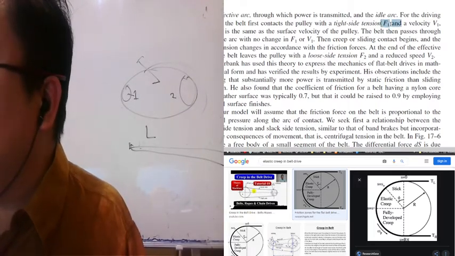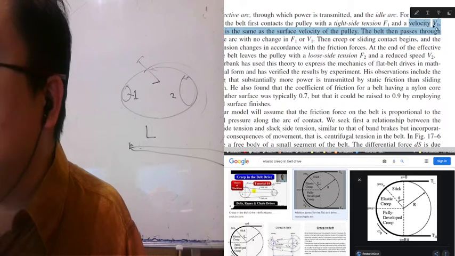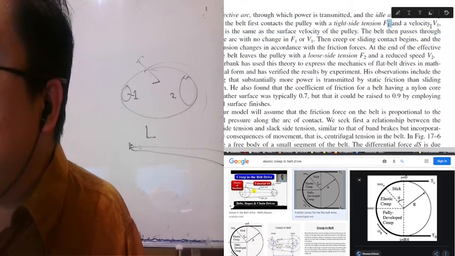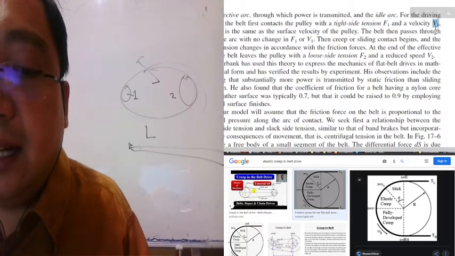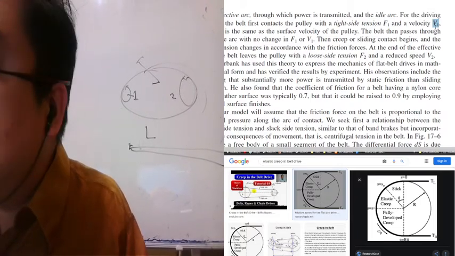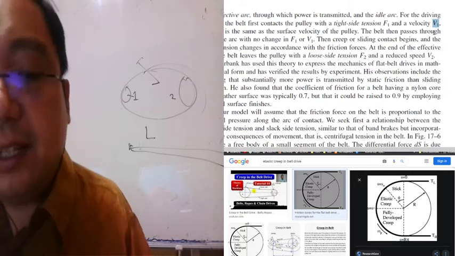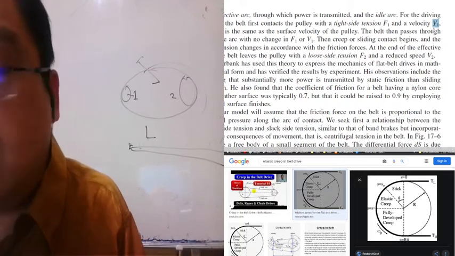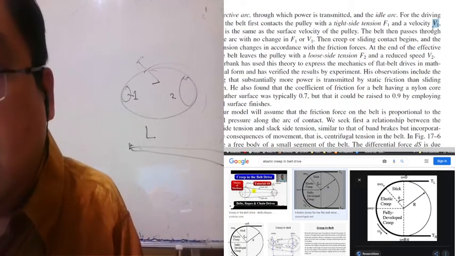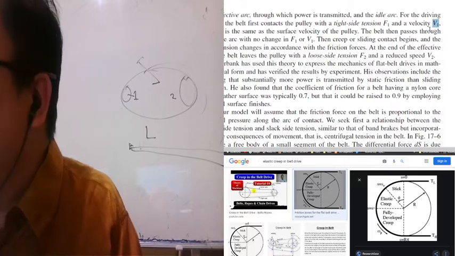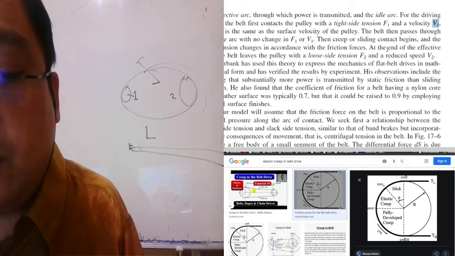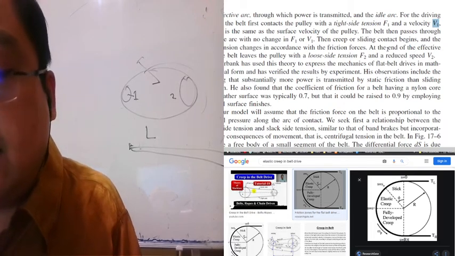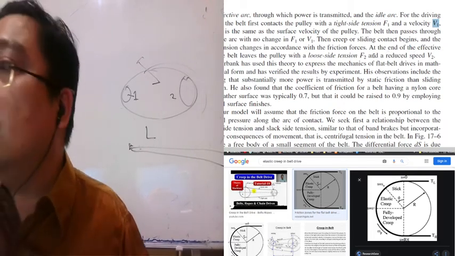Just take note of the definition of F1 and V1, because you may find it in other literature. F1 equals tight side tension.